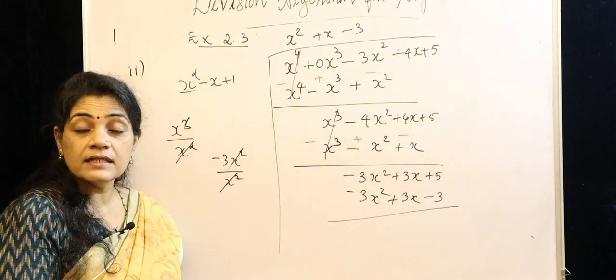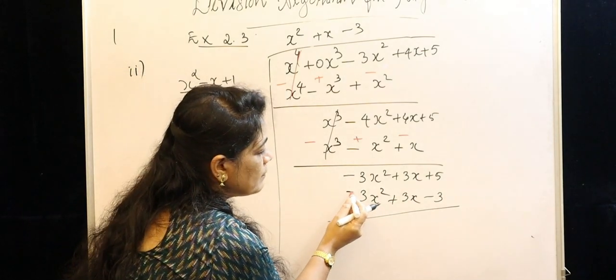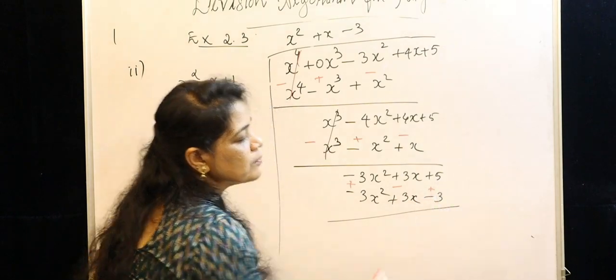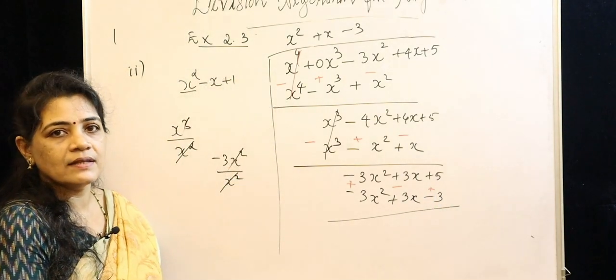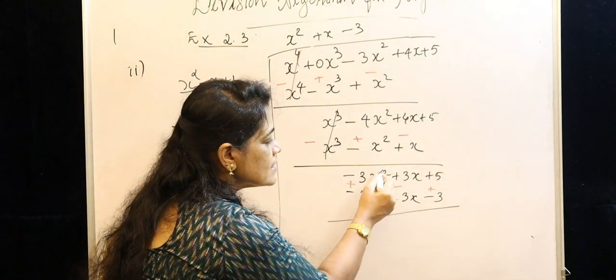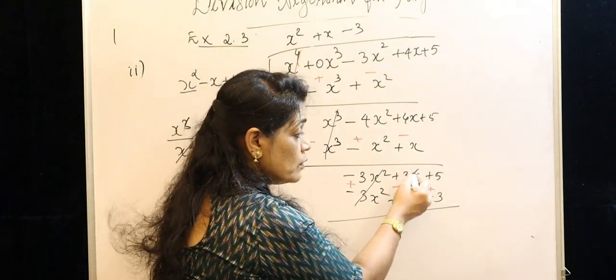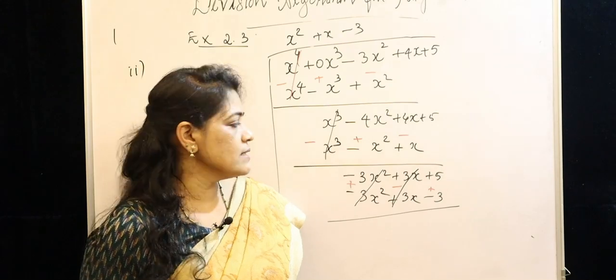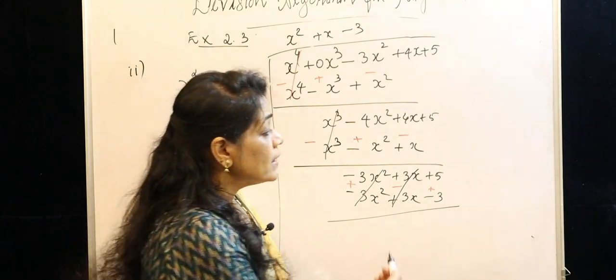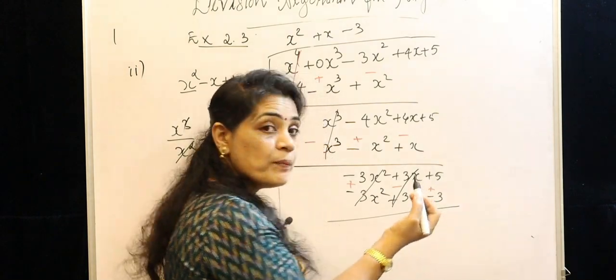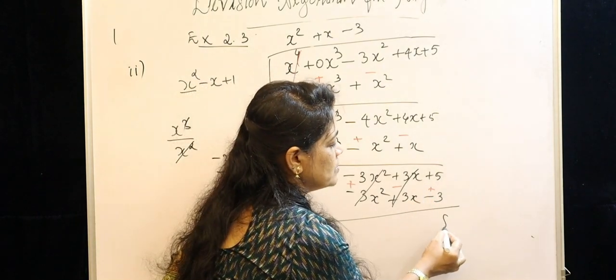Next is changing the sign: minus becomes plus, plus becomes minus, here also becomes plus, minus becomes plus. Okay, so minus 3x square plus 3x square get cancelled, and also here 3x and minus 3x get cancelled, but the constant is remaining: plus 5 plus 3, plus 8.